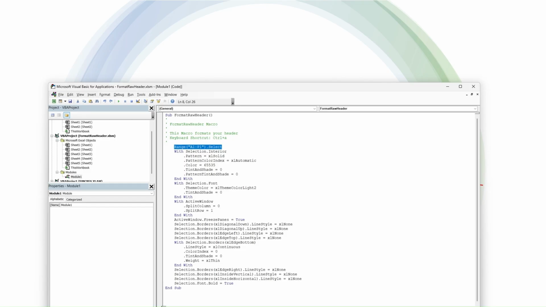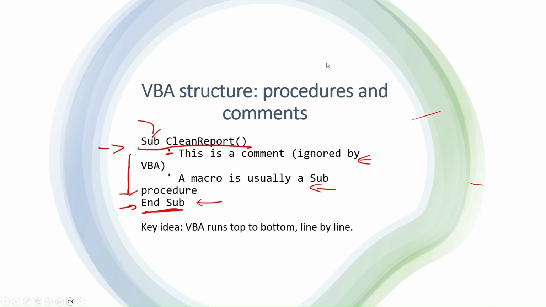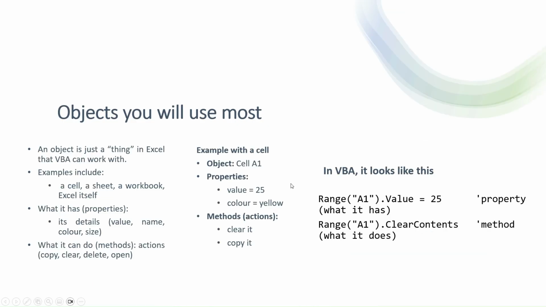Now, to understand code, we must understand what VBA is controlling in your Excel. That brings us to the concept of an object. What is an object? An object is just a thing in Excel that VBA can work with.